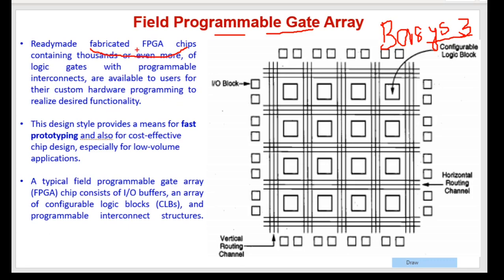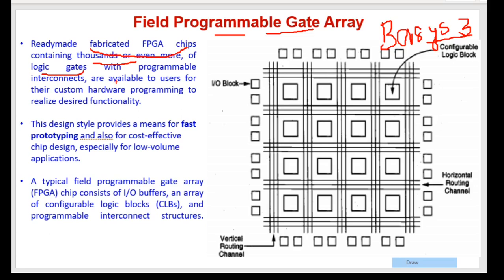Like in this case we have the Basys 3 board, and this board contains the FPGA chip. These chips may have thousands of logic gates inbuilt, and these logic gates will be used to realize your particular function, maybe your half adder, full adder, flip-flop, or multiplier, right?